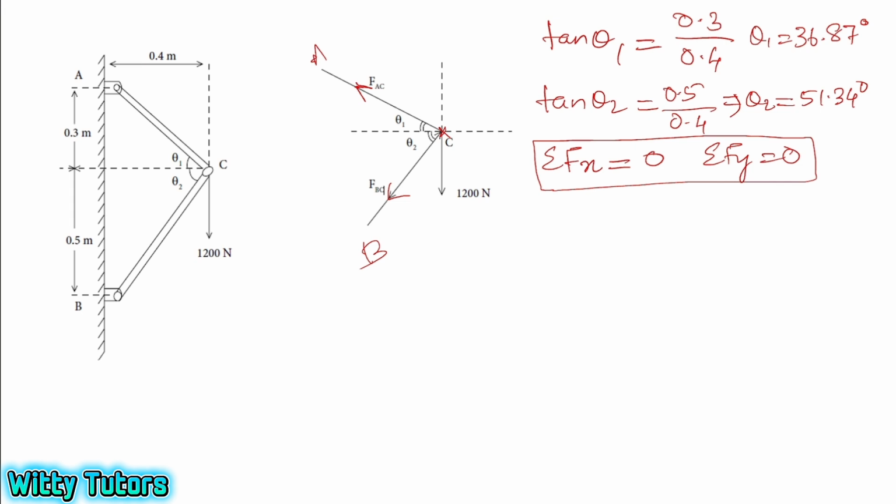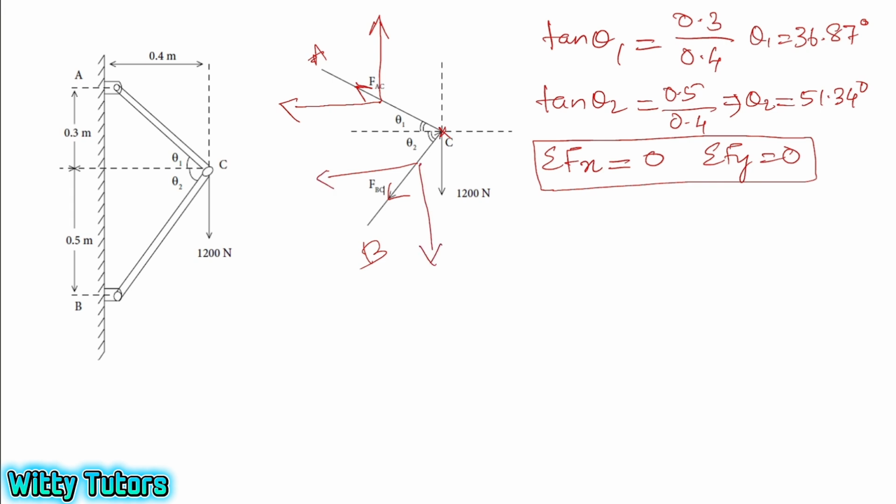There are two forces, FAC and FBC, so we need to resolve these forces along the x and y directions. Similar to the previous video, I am going to resolve the force FAC. This is its x direction and this is its y direction. Similarly, for FBC, the direction is like this, so this is my x direction and this is my y direction.